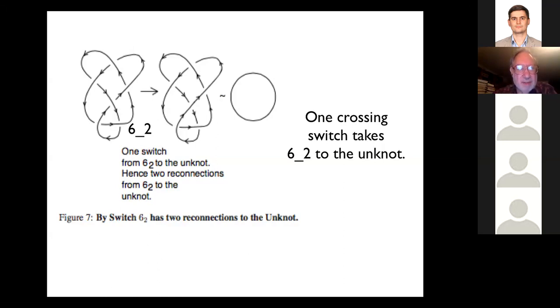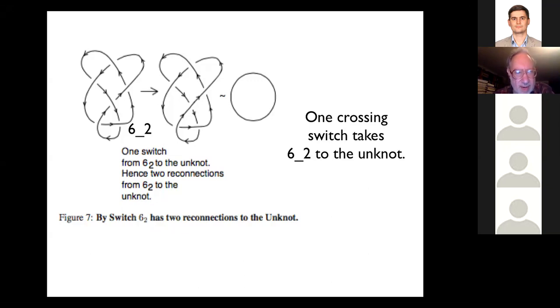But if it did, you're unknotted. That knot unknots by switching that 1 crossing. If you stare at it a little bit, you see that indeed the knot right there in the middle next to the unknotted curve, it's unknotted, it just comes apart. So that means that the mathematical reconnection number for the 6-2 could not be more than 2, and we would like to show that the mathematical number, in fact, is equal to 2.